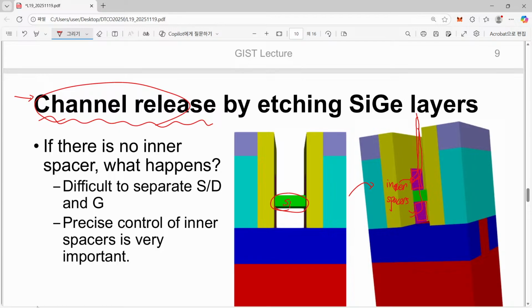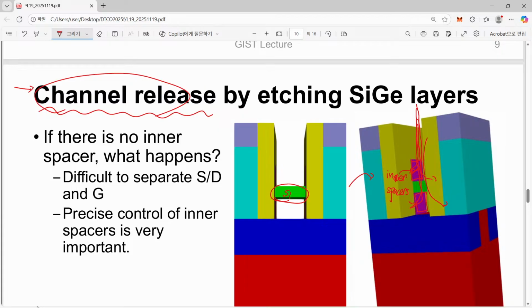So we have a direct connection into source and also to this drain. So we must isolate them. That's the reason why we must introduce an inner spacer.